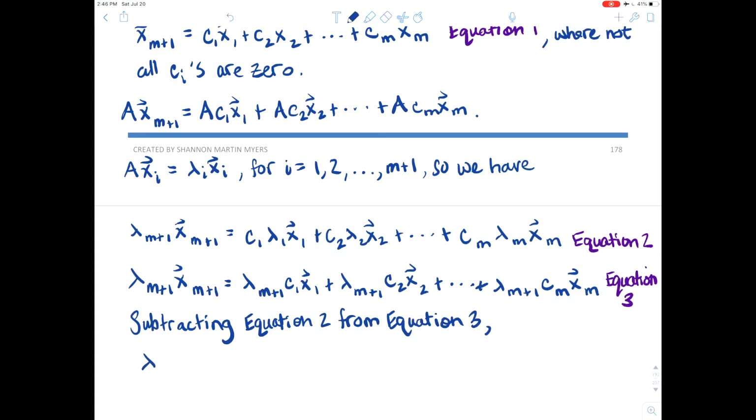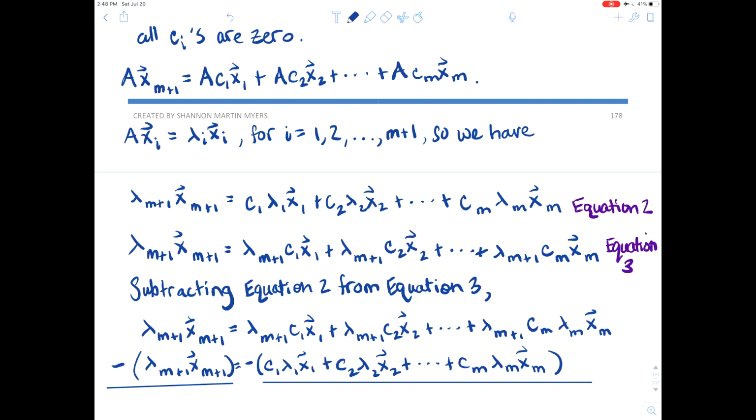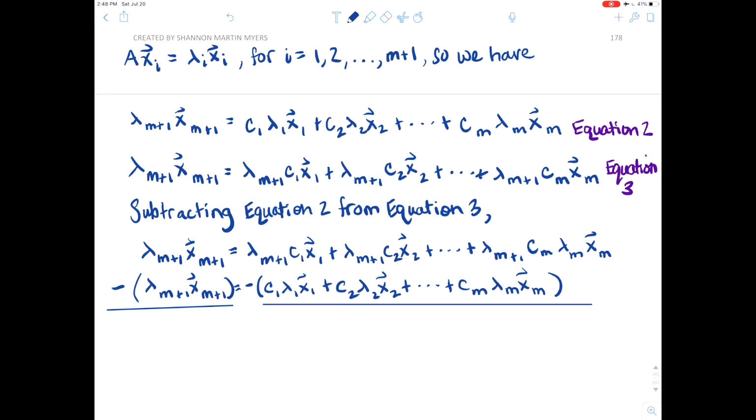I'll go ahead and rewrite them. Cool so far? All right. Well, what will we get on the left side? Beautiful. We'll get the 0 vector on the left side. And on the right side, what's going to happen? Well, let's see what we have in common.